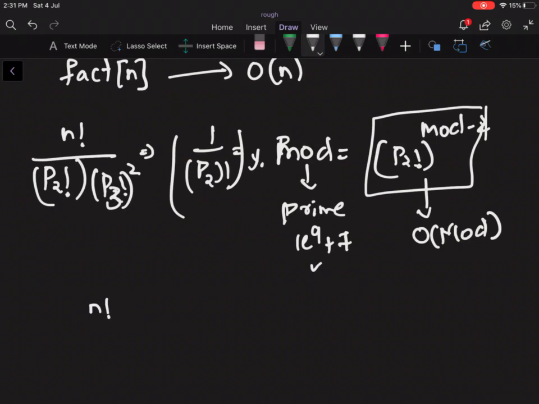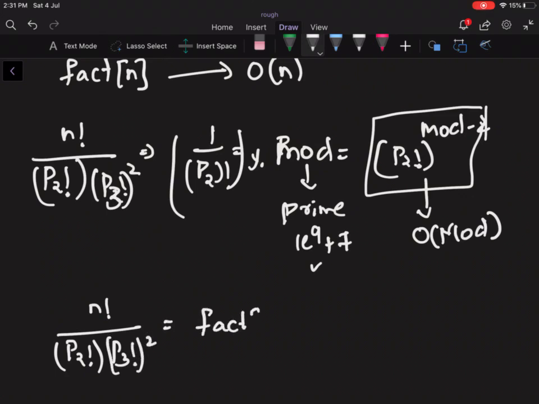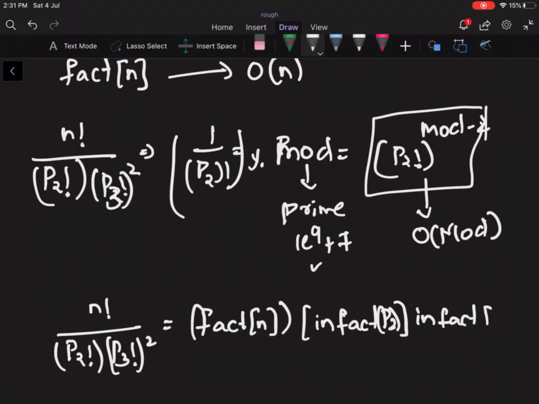So the term of n power is nothing but fact n into inverse fact of P2 into inverse fact of P3 whole square.